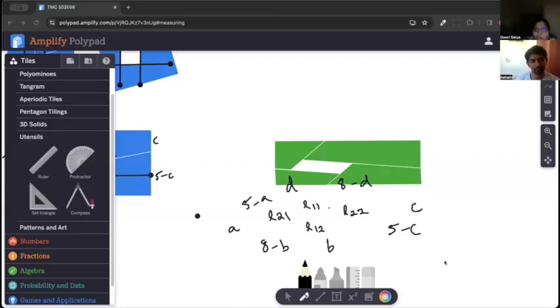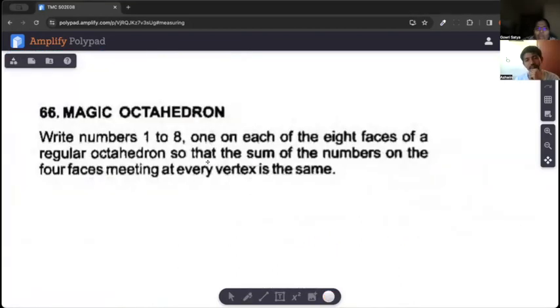You can share the other problem that you are mentioning. The other one was a simple one only, but I thought we'll make the octahedron. So write 1 to 8 on each of the 8 faces of our octahedron, so that the sum of all the faces at a given vertex is the same at every vertex.